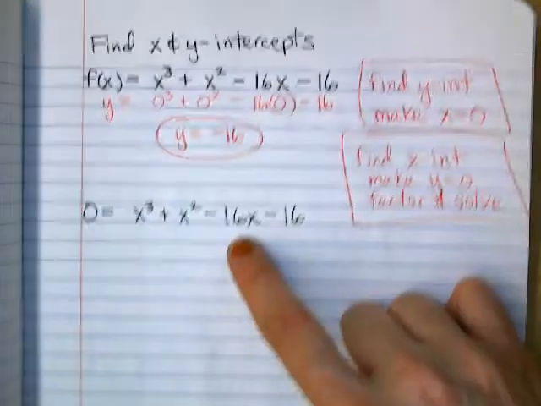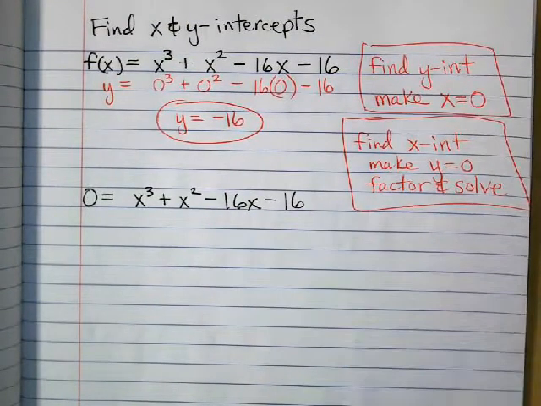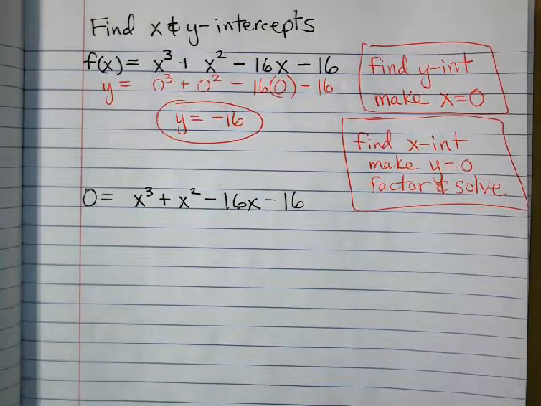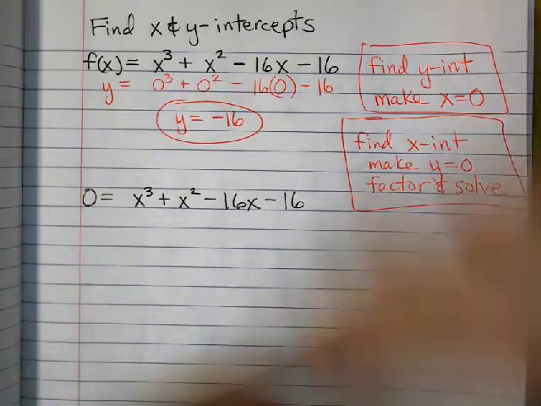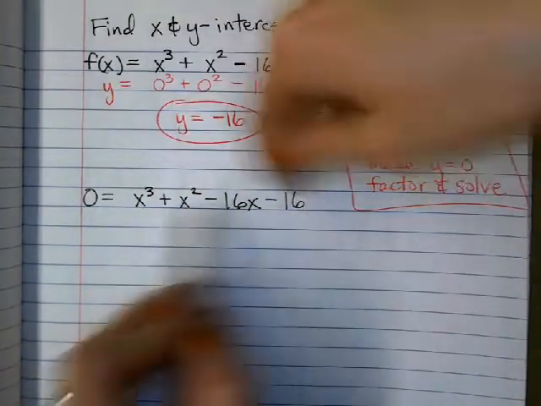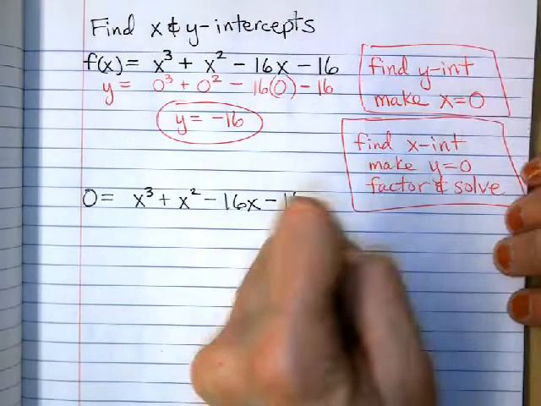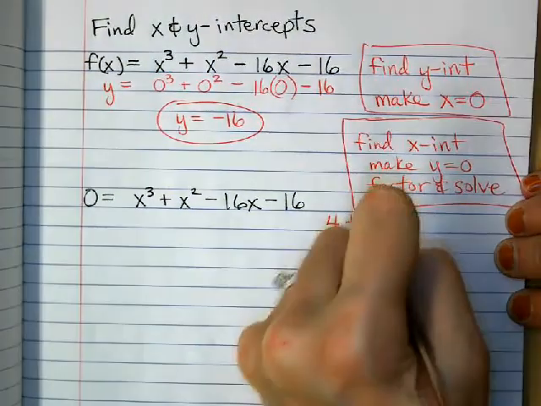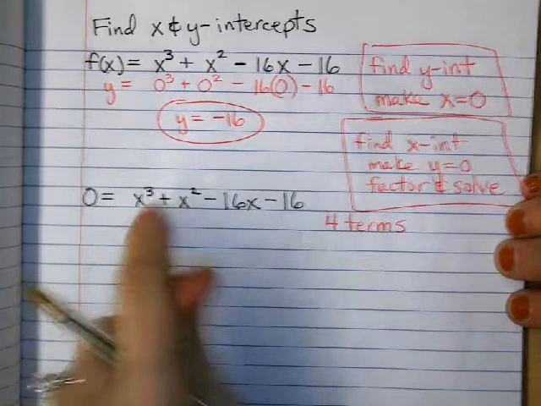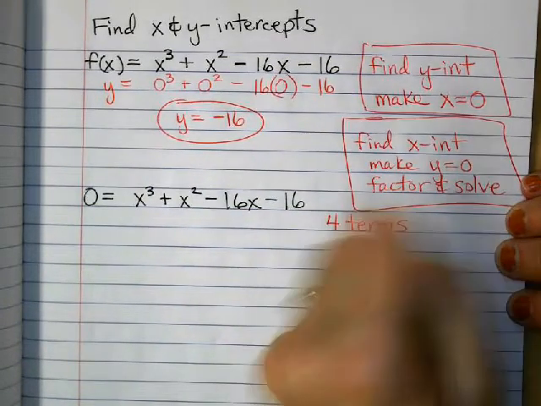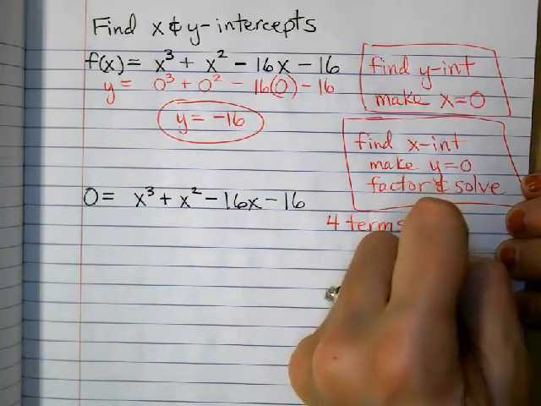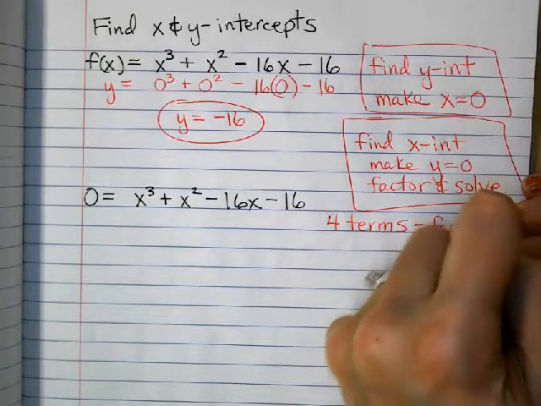And factoring is a tough concept to figure out. This problem has 4 parts: 1, 2, 3, 4. I see that this problem has 4 terms in it. If there's 4 parts, you have to factor by grouping.